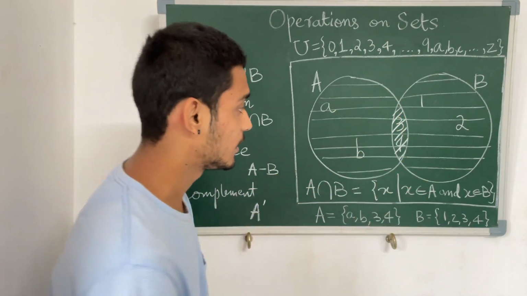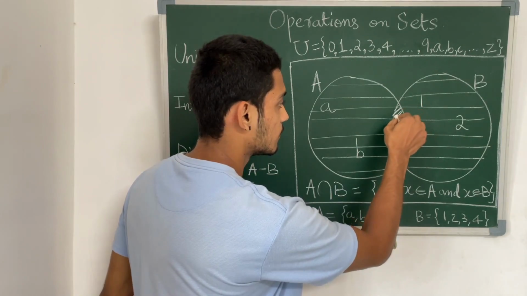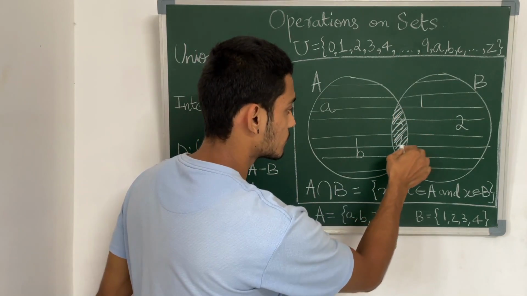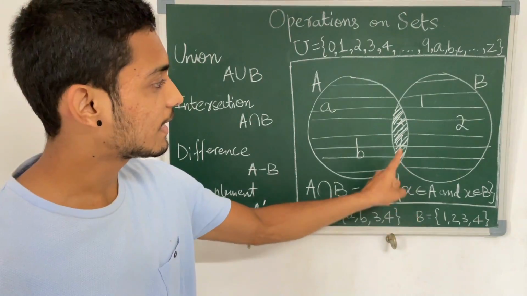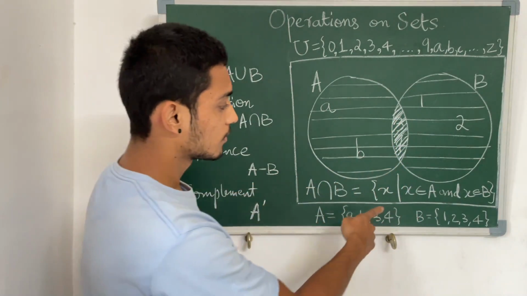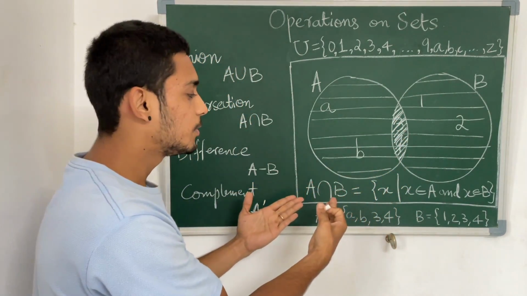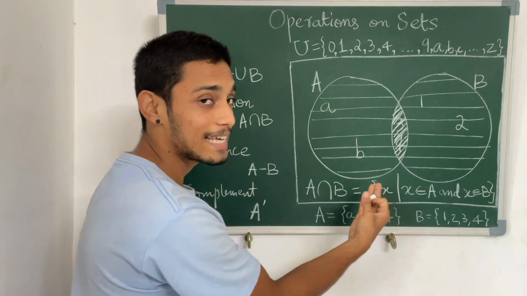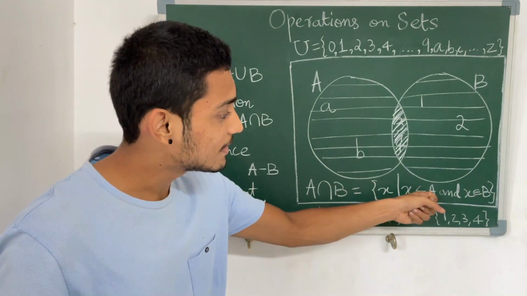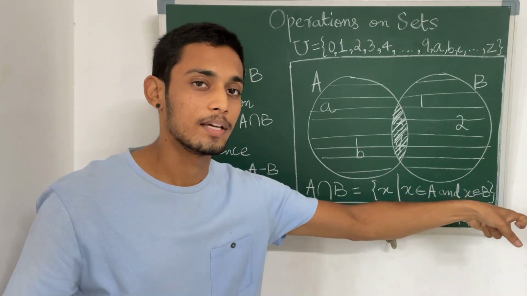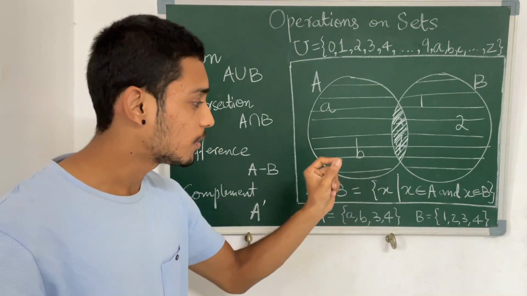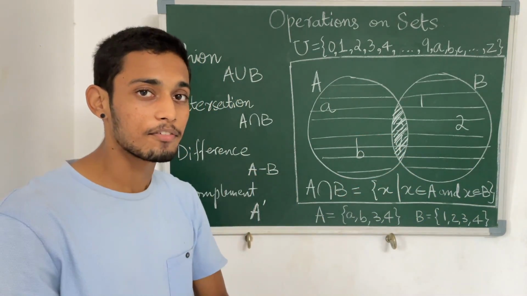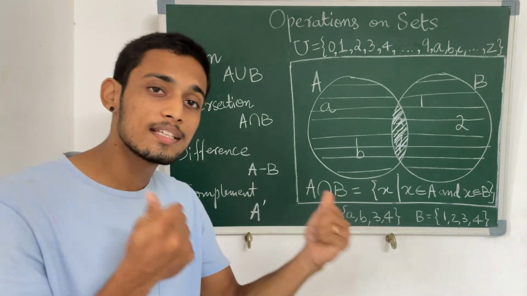The intersection, I mean. This is the intersection. Okay, so this intersection has the elements 3 and 4. If it was more complicated in the set builder form, we can write it as all elements X such that X is in A and X is in B. It's not or now, it's and. So the element will be in the intersection if and only if it is in both the sets A and B.